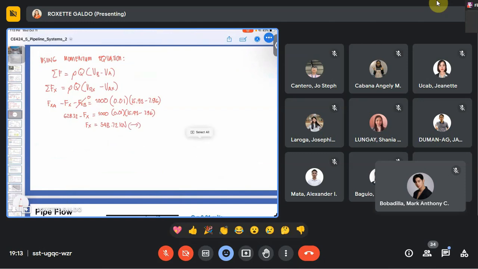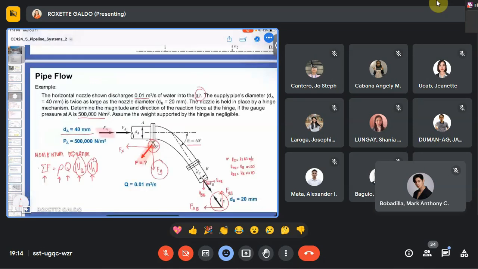Now, let us solve for Fy. So, let us sum up forces along the y direction, which is equal to the density of water times Q, times Vyb minus Vya. What are the forces acting along the y-axis? We have Fy and Fyb.